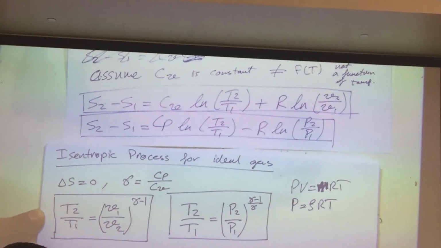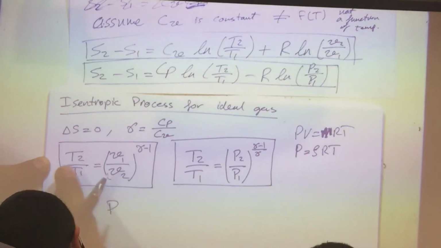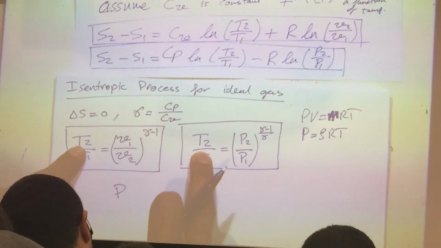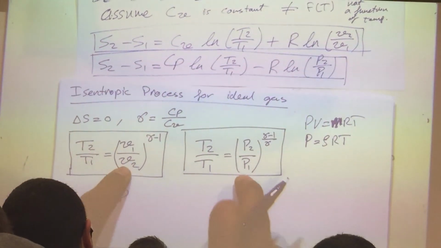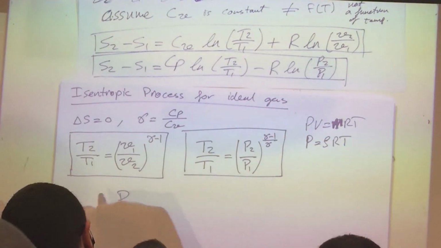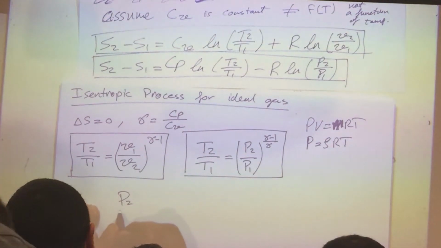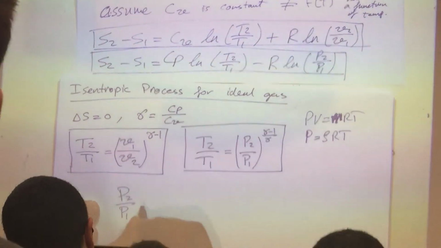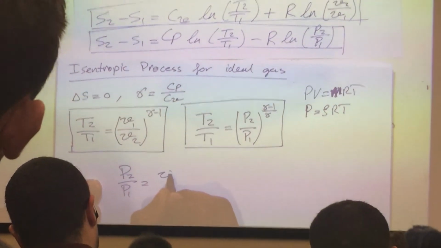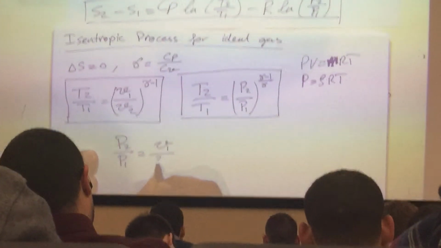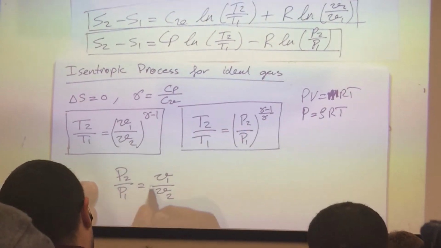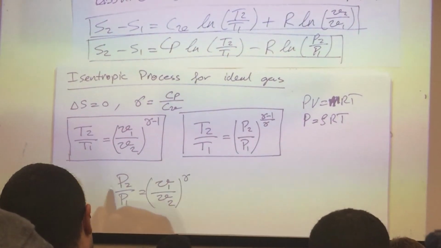And the third equation relates both, taking the temperature ratios as equal and making the volume-pressure ratio relation: P2 over P1 is equal to volume 1 over volume 2 to the power of gamma.